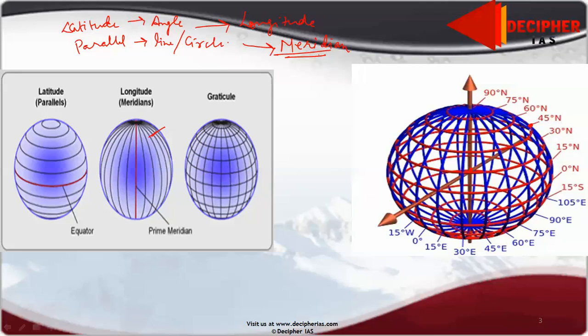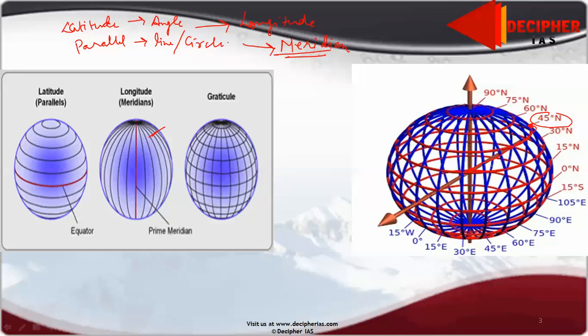In the diagram it is already shown that it is 45 degree north, but how is it 45 degree? So what we do is we connect the center of the earth with the equatorial plane. Okay, one line is drawn, and the point at which we have to find out the latitude, we connect the center of the earth to that point.